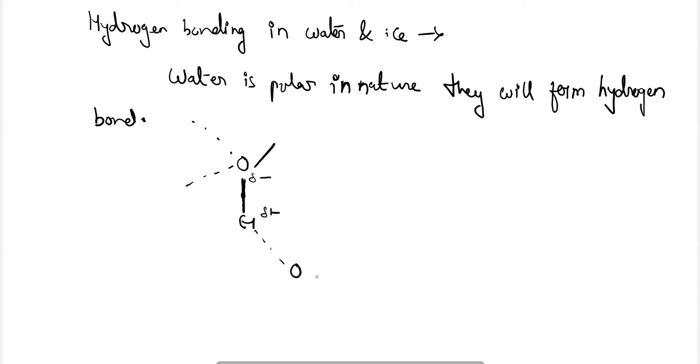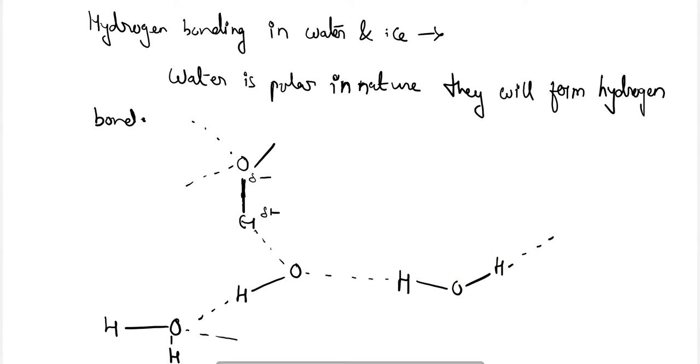Then again this H is forming a bond with O, and this H is forming a bond with another oxygen. Like this, the structure of water will be there after forming the hydrogen bond.